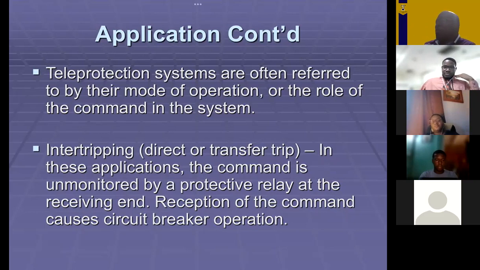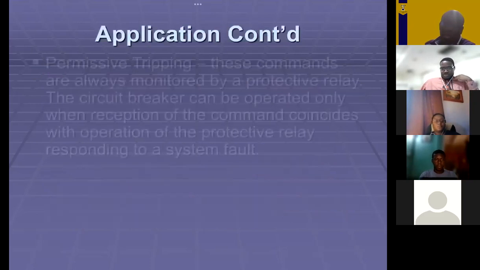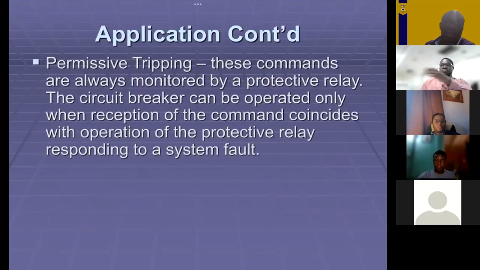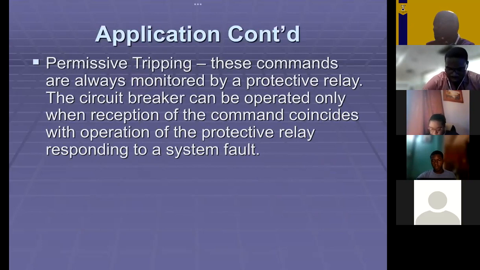So we have the inter-tripping, but we also have your permissive tripping, which now requires supervision. So the commands are monitored by a protective relay. So once you receive, you must have an AND function.